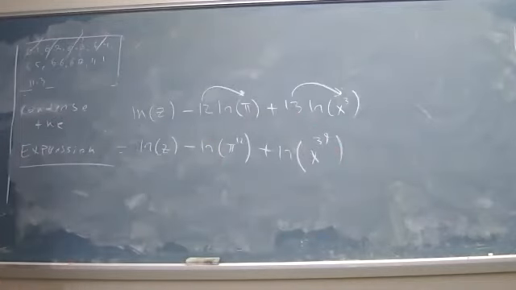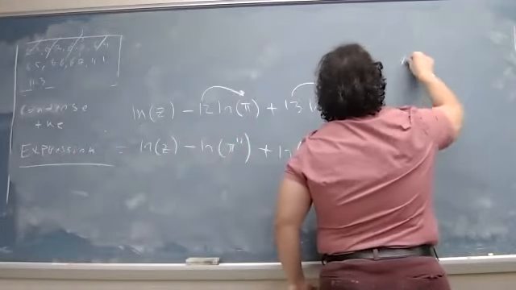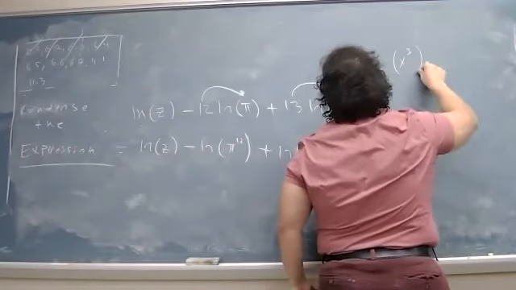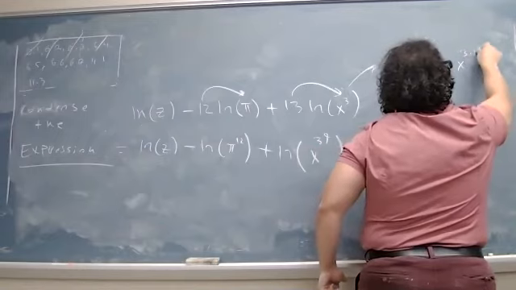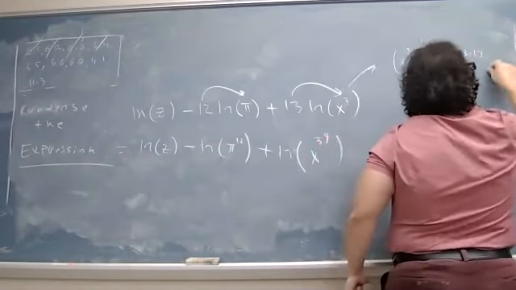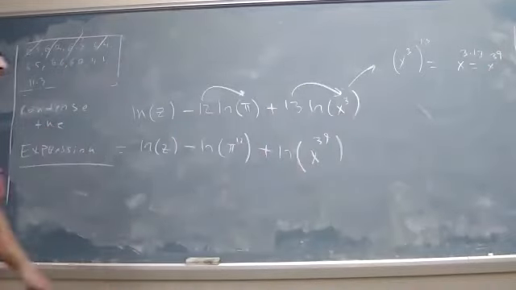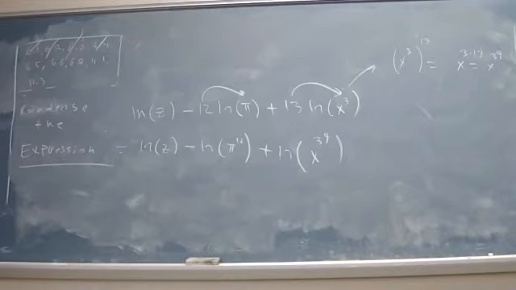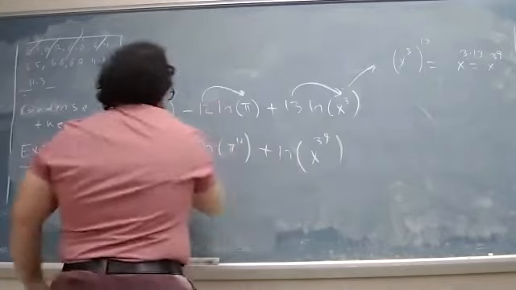Why is that? Well, if we restore this as a power here, this becomes x cubed raised to that new power 13. But that's the same thing as x to the 3 times 13, and thus it becomes x to the 39. Now we can use the quotient rule.